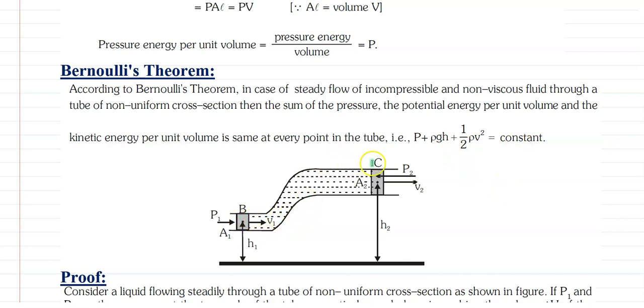If I take a pipe having cross-sectional areas at the B and C positions of A1 and A2, and pressure at the B position is P1, velocity of fluid is V1, and height of the B point is H1, and the C point also has pressure P2, velocity of fluid V2, and height H2, then the total energy density, that means energy per unit volume, at the point B is equal to the total energy density at the point C.